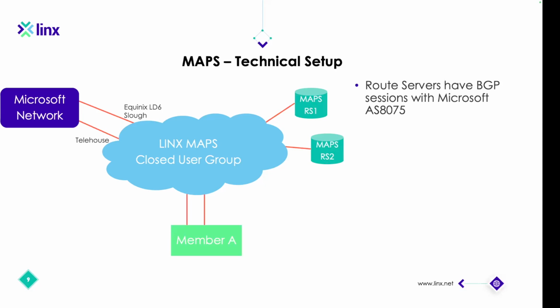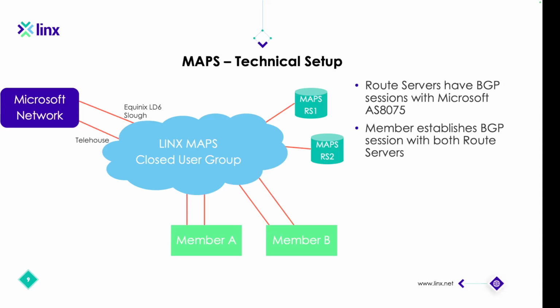If a member uses Maps, buys the connection into that closed user group, as shown here, there could be many members connected. You as a member will establish a BGP session with our root server, and the root server ASN is actually hidden, so it's the exact same behavior as when you use any root servers on any internet exchange.